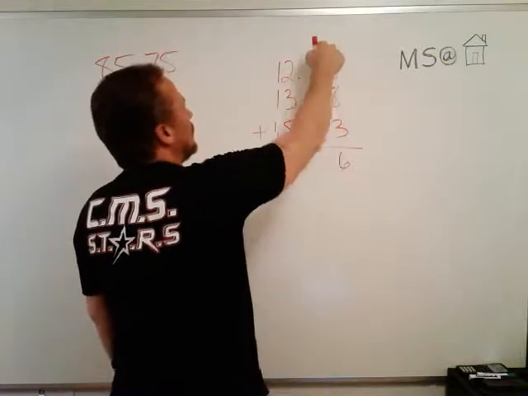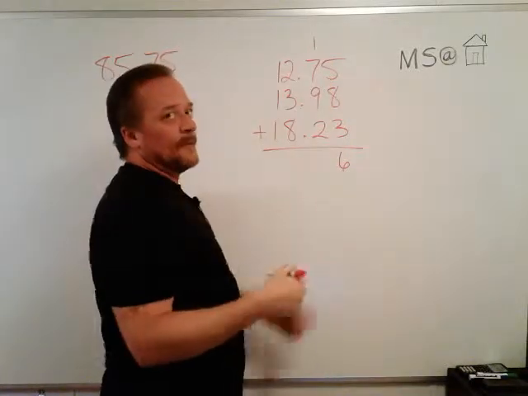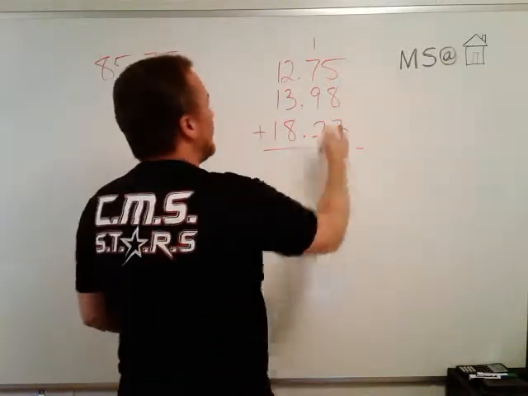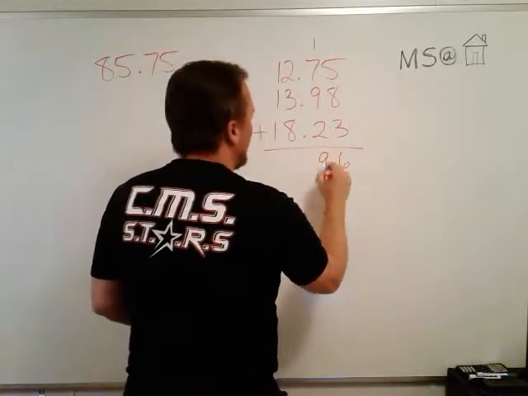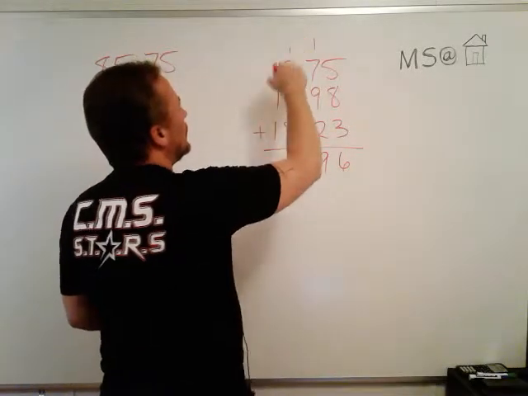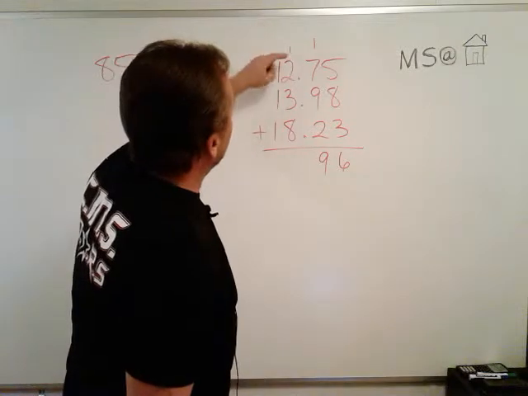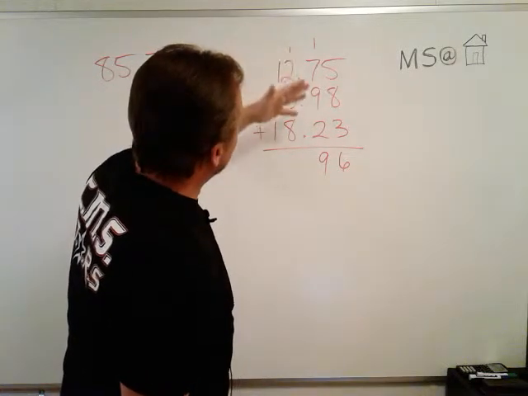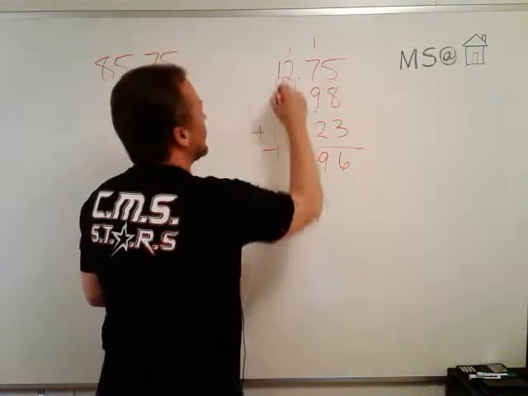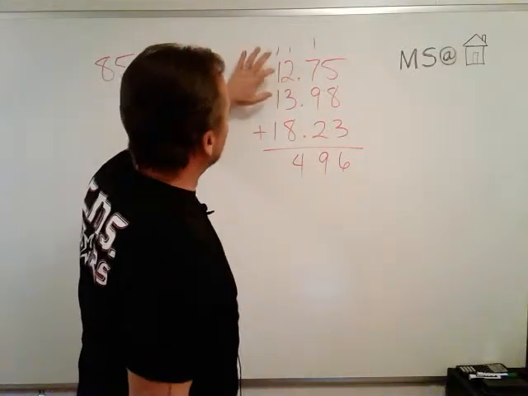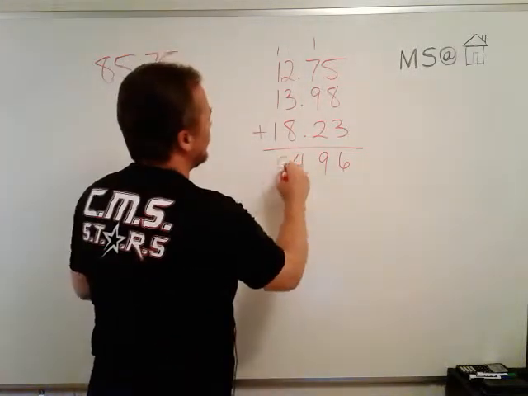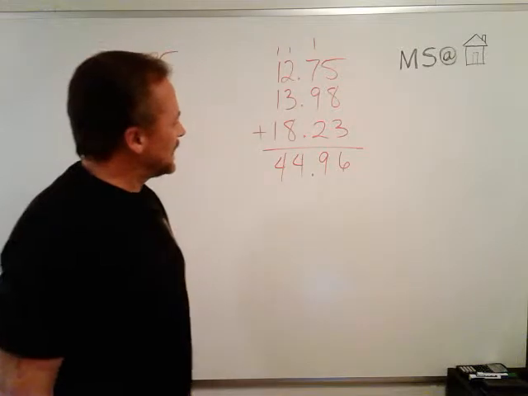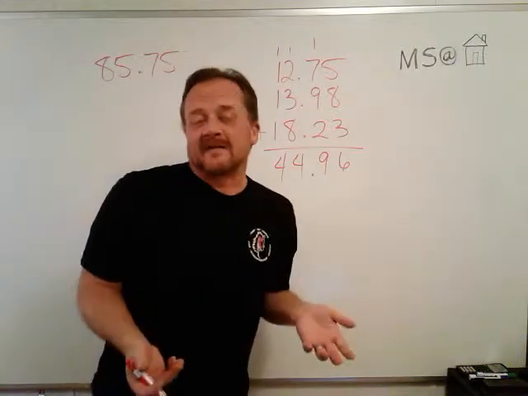Carry the 1. 1 plus 7 is 8, plus 9 is 17, plus 2 is 19. Carry the 1. 1 plus 2 is 3, 3 plus 3 is 6, 6 plus 8 is 14. Carry 1. And then 1 plus 1 plus 1 plus 1 is 4. $44.96 is what he spent total.